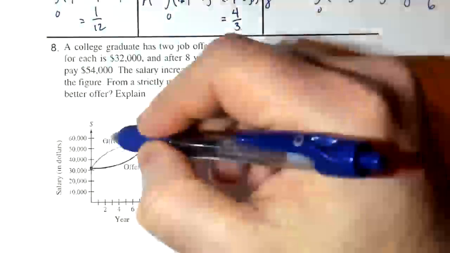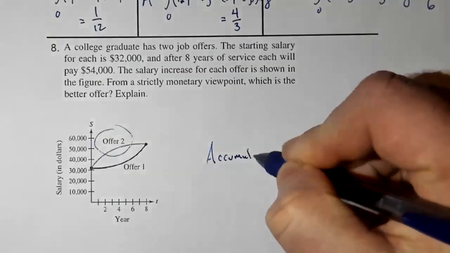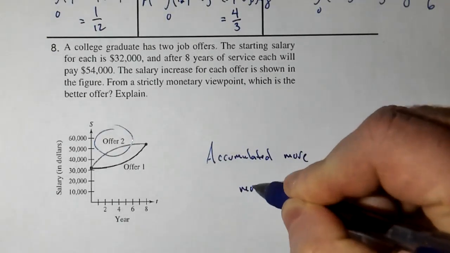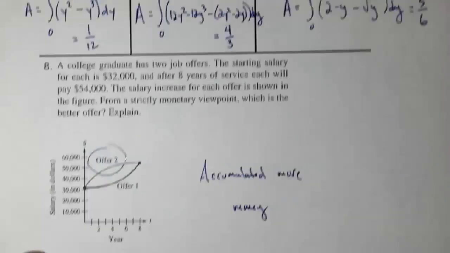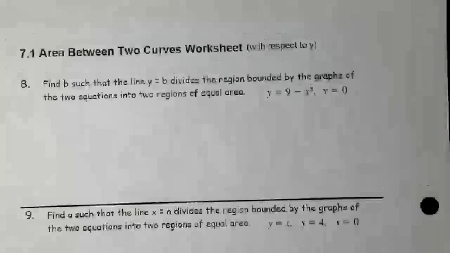Okay, so offer 2 accumulated more money, and obviously explain it how you want. All right. These types of problems are kind of my favorite.